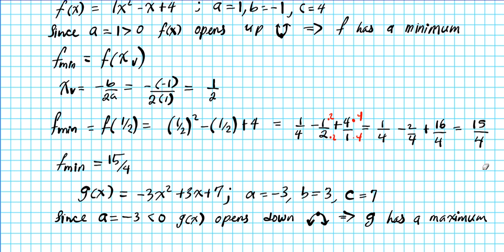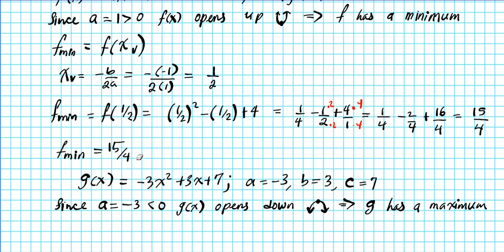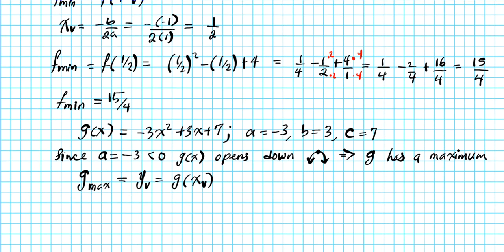Now, how do we find the value of that maximum so we can compare it to the minimum of f? Same procedure, okay? So g max is the same thing as the y-coordinate of the vertex, which is the function g evaluated at the x-coordinate of the vertex.